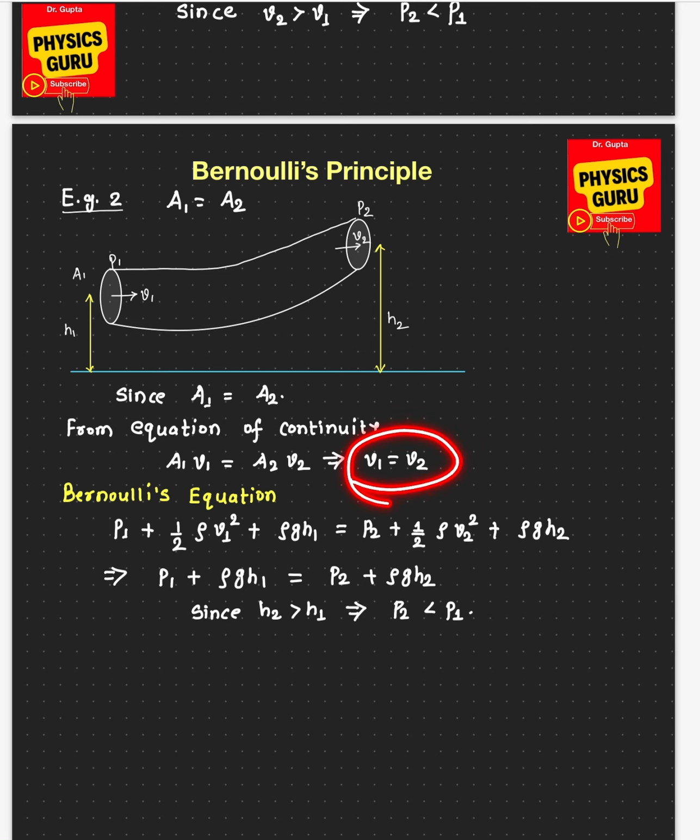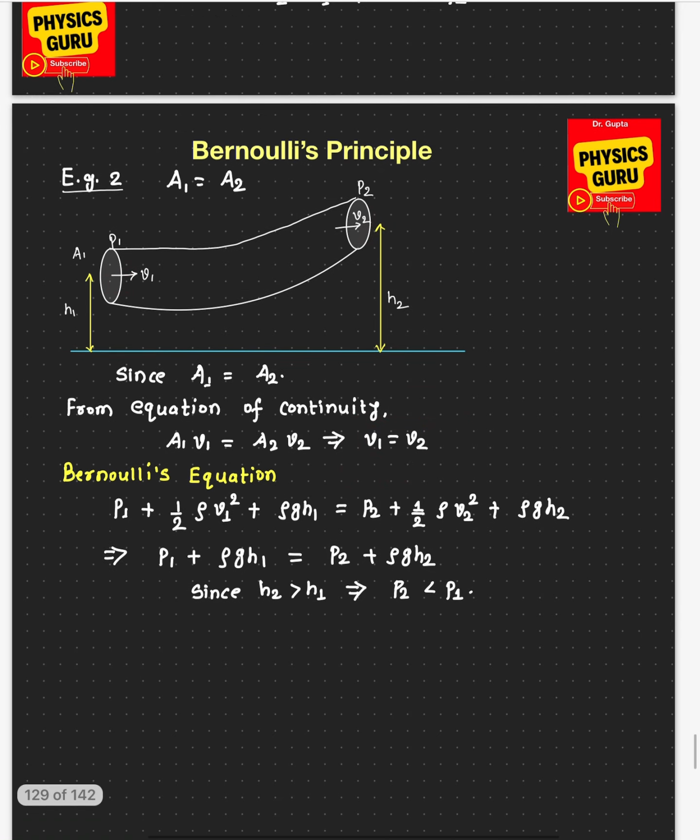So V1 and V2 must be exactly equal. Now let's apply the Bernoulli equation to find out what happens to the pressure. In this case the velocity does not change, and the density is constant because we have assumed an ideal fluid, so the kinetic terms cancel out.